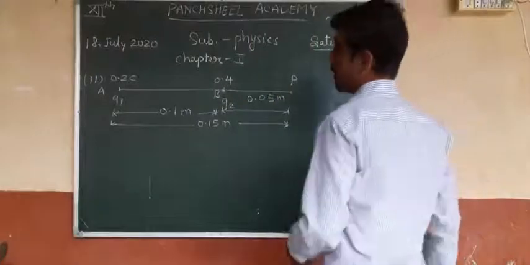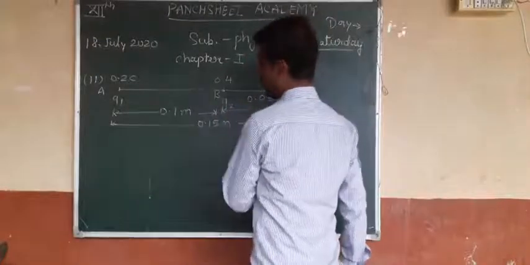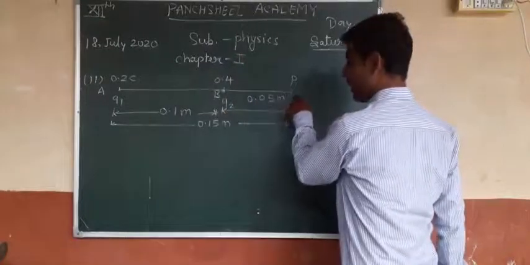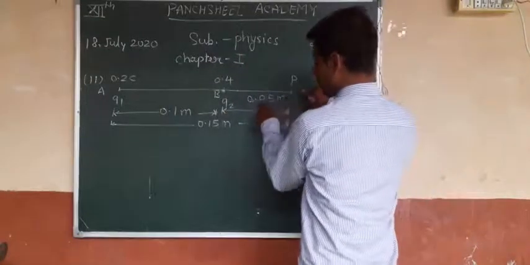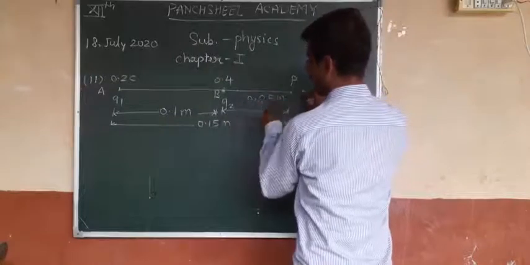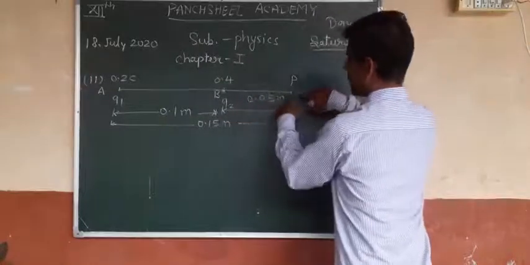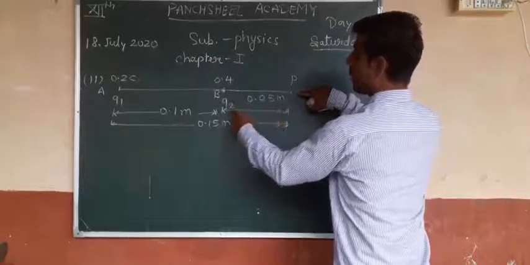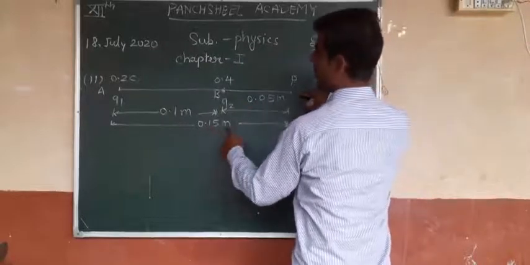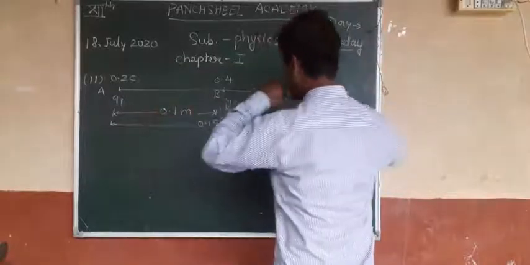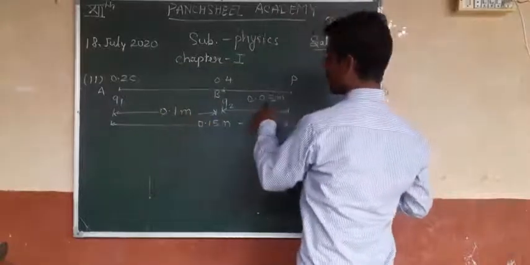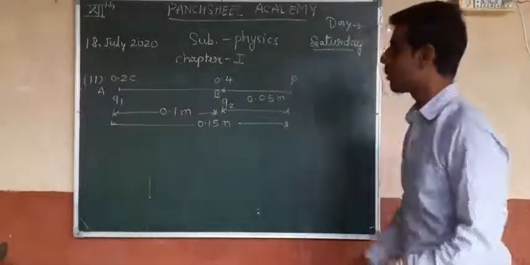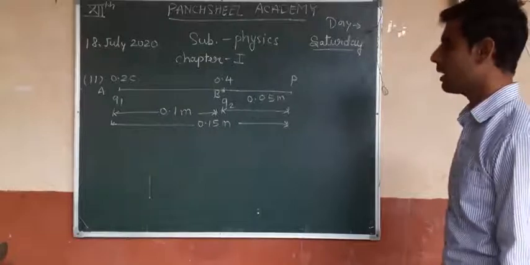Okay, this is Q1 and Q2, and another point P, which is 0.05 meter away from Q2 and 0.15 meter away from Q1. Why? Because this is the 0.1 meter and 0.05 meter, so the whole distance between Q1 and P is 0.15 meter.